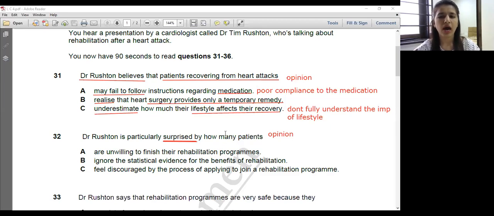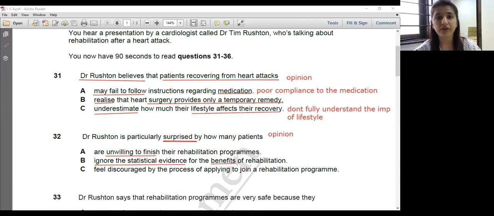So now, how many patients are unwilling to finish? That means they may be starting the rehabilitation program, but then they are not able to finish it, or they are not willing to finish the program. Ignore the statistical evidence about benefits of rehabilitation.